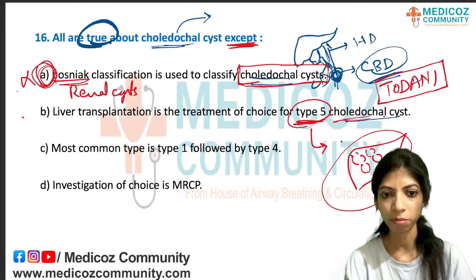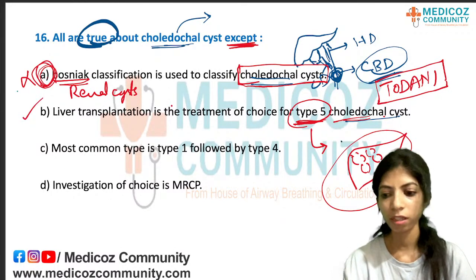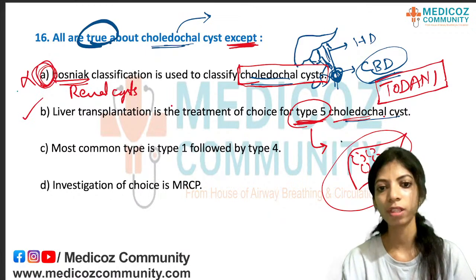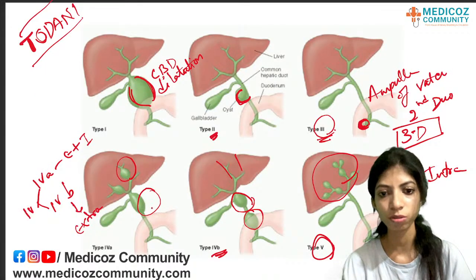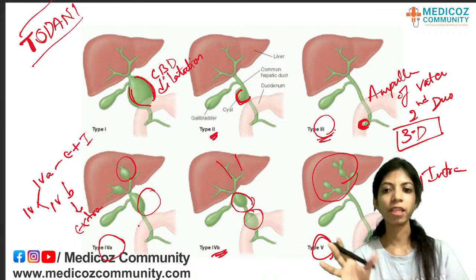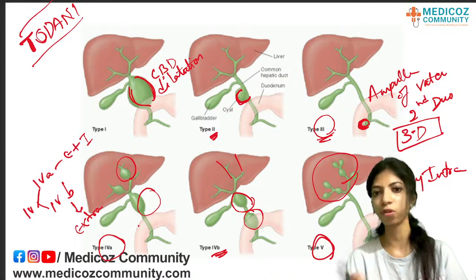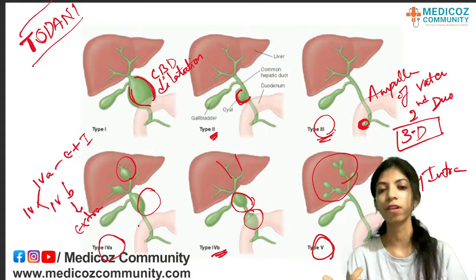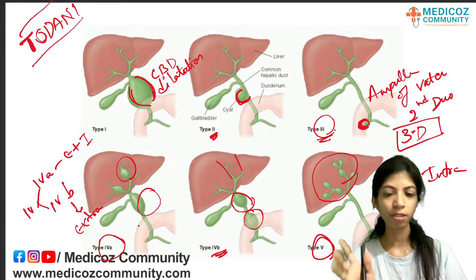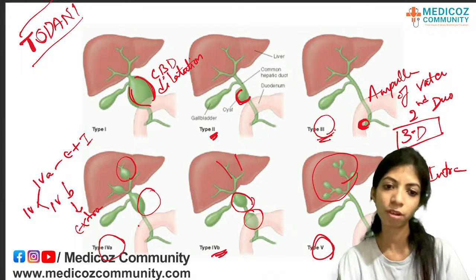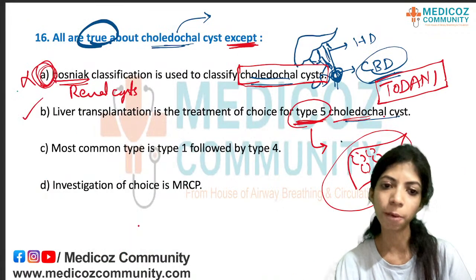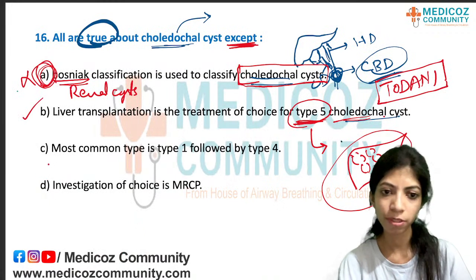This is a true statement. In which other condition will you do a liver transplantation? You can also do a liver transplantation in type 4A. If he gave a question like liver transplantation is used in which kind of choledochal cysts, then you can go for both 4A and also 5. But if he is giving only one option, then you have to go for type 5. Okay. So let's see the third option.